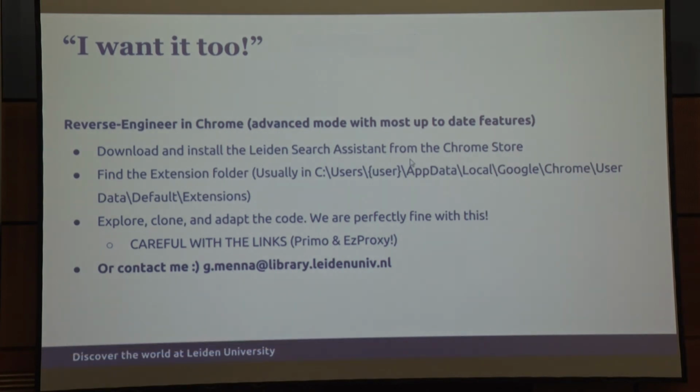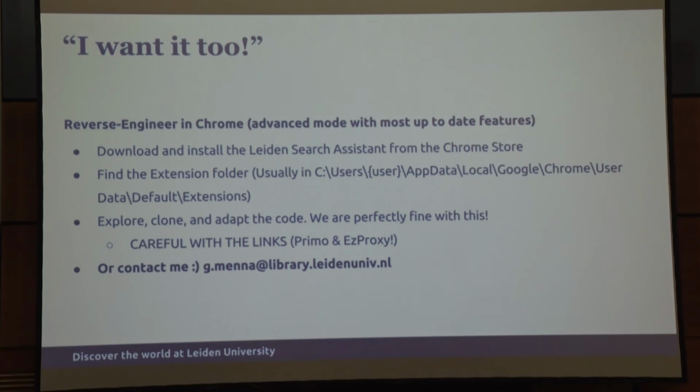There is another way to get the latest code that we have published, and that's reverse engineering the code from our plugin. Two ways: you can download and install the Leiden Search Assistant from the Chrome store. Then you find the extension folder for Chrome, and then you will find the JS, all the folders, and you can explore, clone, and adapt the code.